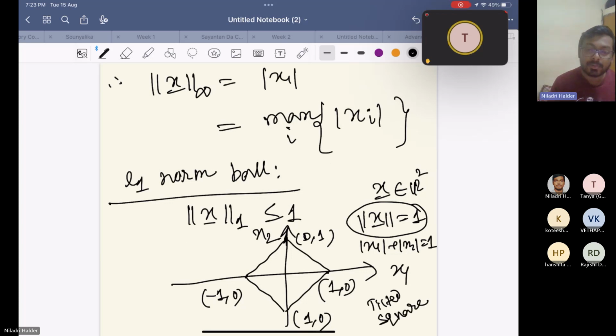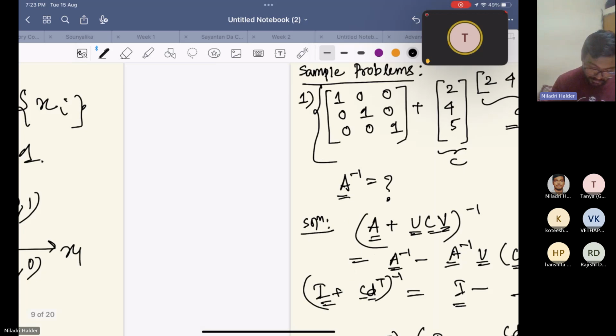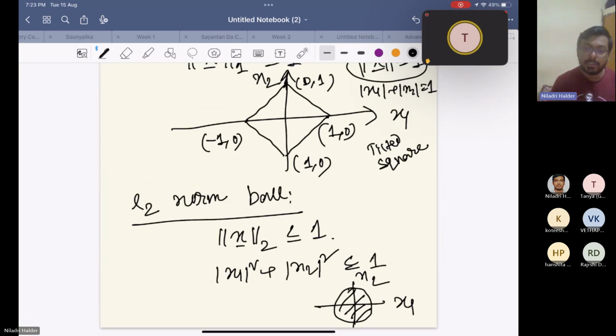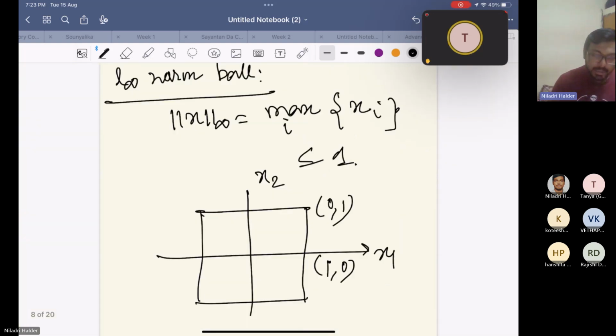I have shown it here in the two-dimensional space, but in n-dimensional space the nature of the diagram will be the same. For the L2 norm it will be a circle, but in n-dimensional space it becomes an n-dimensional sphere. And the L infinity norm ball is a proper square in the two-dimensional space.